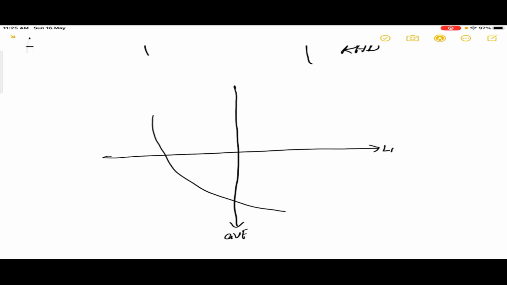This is the normal heart, where the vector or the axis is in this direction. So this is the normal axis, from minus 30 to plus 90.